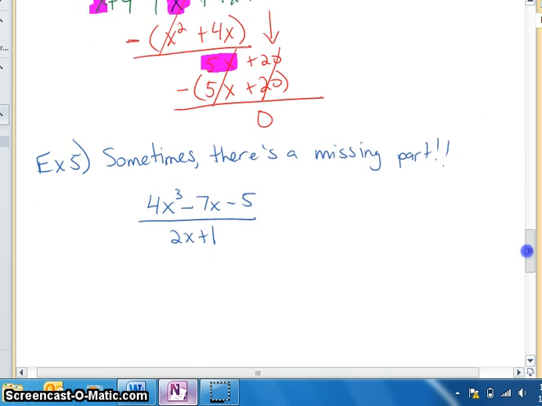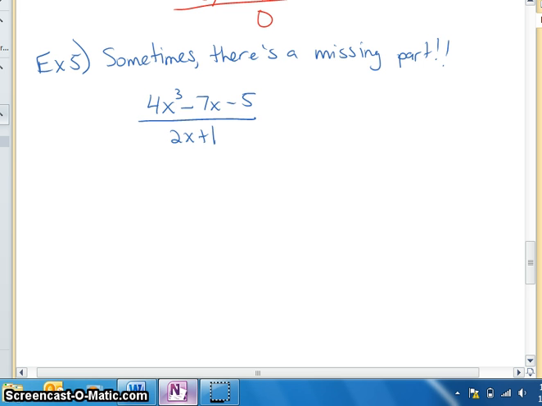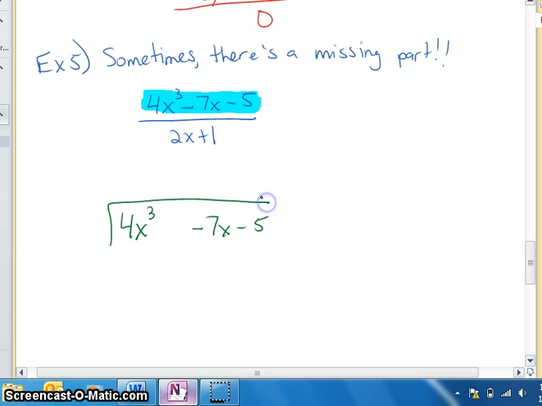Okay, what about a problem where there's a part missing? So first, what part is missing from this? Up here, what do you see that's missing? There's no x squared. So I've got 4x cubed, there's no x squared, minus 7x minus 5. I'm going to leave a little hole. So I'm looking at 4x cubed and 2x.